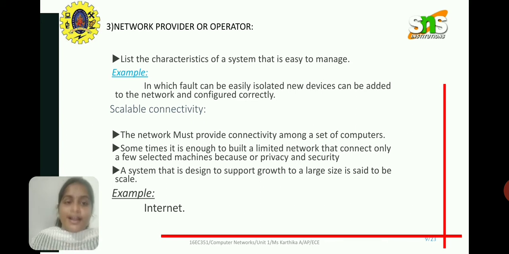And a system that is designed to support growth to a large size should be scalable. For example, the internet. We can add more computers at a particular time using the internet. At the same time, we can restrict the number of connections because of security and privacy. So the system should be scalable for better connectivity and efficiency.